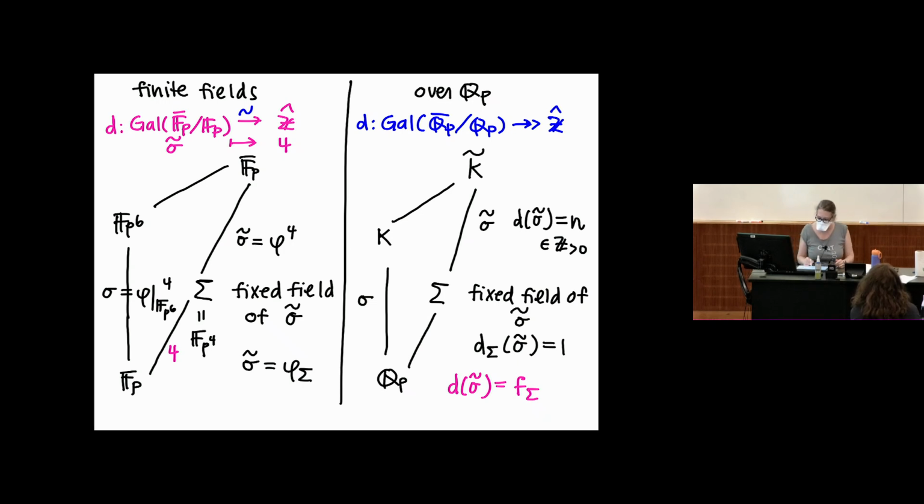Okay. So, whenever you have a Galois extension, an element of the Galois group, there's a way to think of it as the Frobenius of some extension, sigma, and the grade that you give to that, the associated automorphism, is the residue field extension of that field sigma.